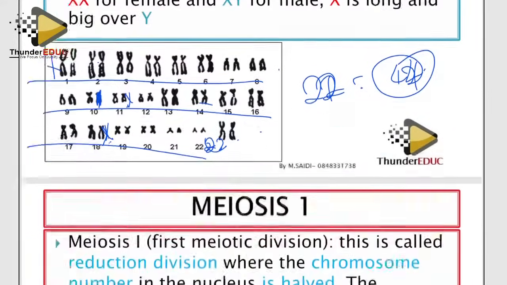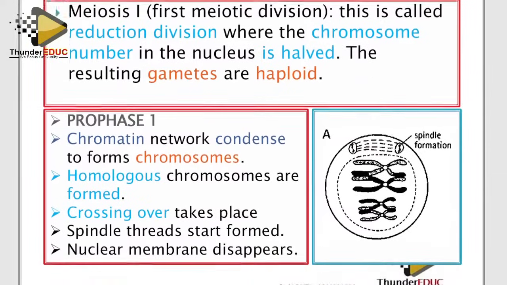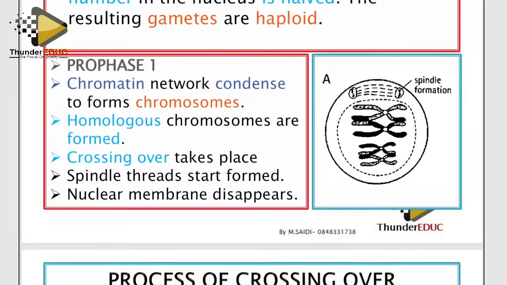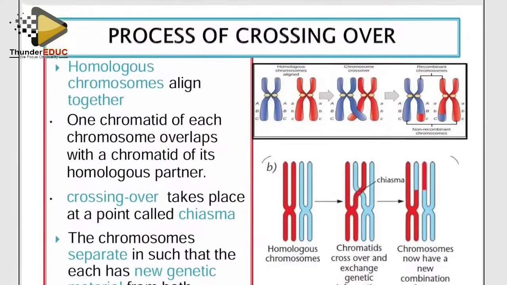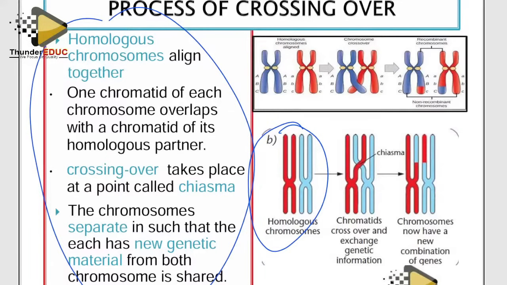All right. Karyotype. When it comes to these phases, in prophase, you need to know what crossing over is. Please, don't go to the paper without knowing crossing over, unless you are burying yourself while you are still alive. The words homologous chromosomes aligning together are a key point.